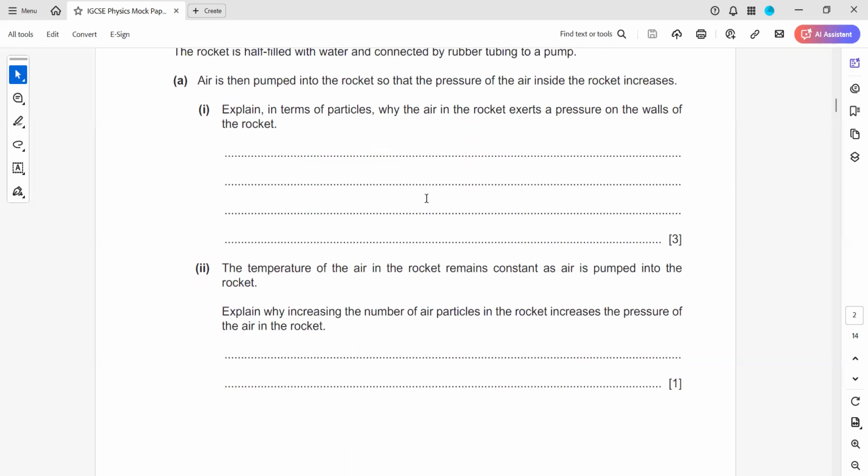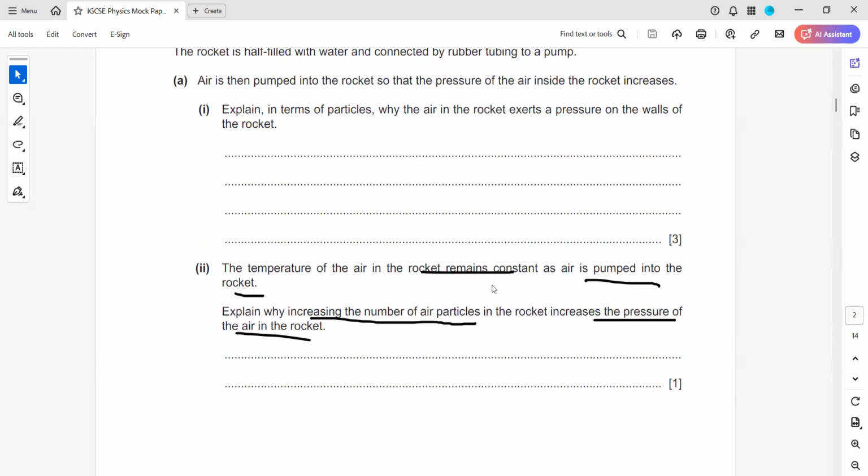The temperature of the air in the rocket remains constant. You can use the chat to answer your questions and I will copy here. Temperature is not changing. As the air is pumped into the rocket, explain why increasing the number of the particles increases the pressure.